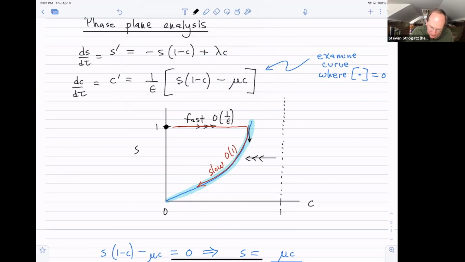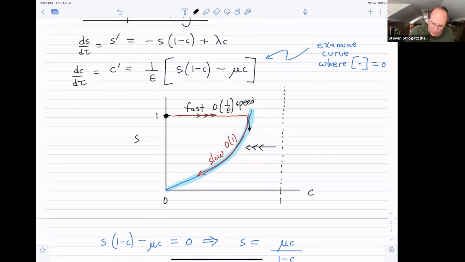So order 1 over epsilon speed. So that's the basic geometry of what's happening in this problem. And so for this reason, this blue curve is called the slow manifold.